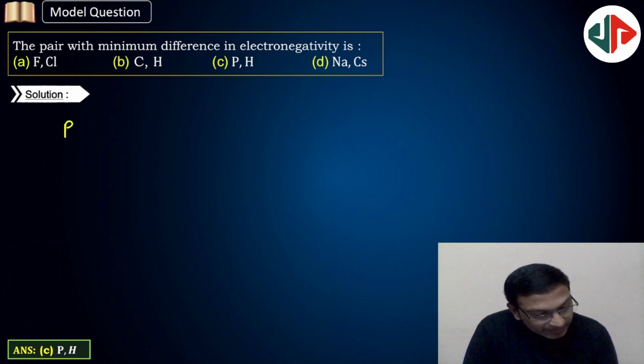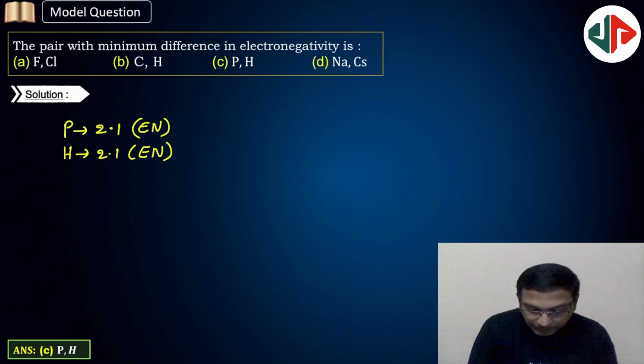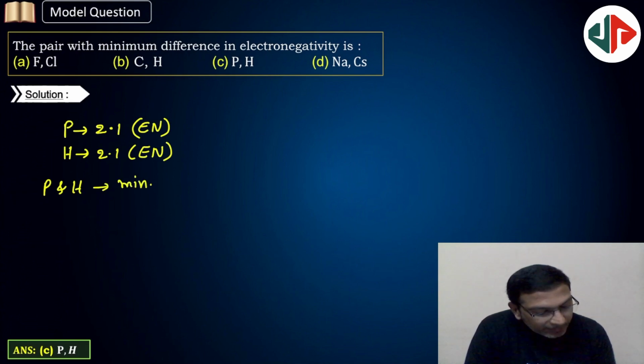So, for phosphorus, electronegativity 2.1. For hydrogen also 2.1. So, therefore, these two, P and H, will be having the minimum difference of electronegativity. Therefore, option will be C.